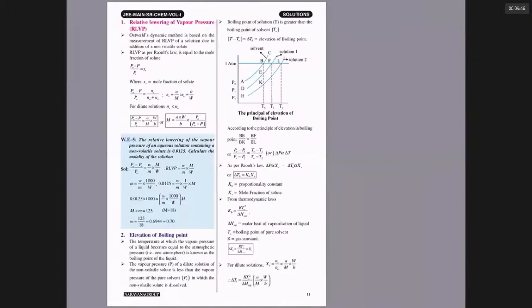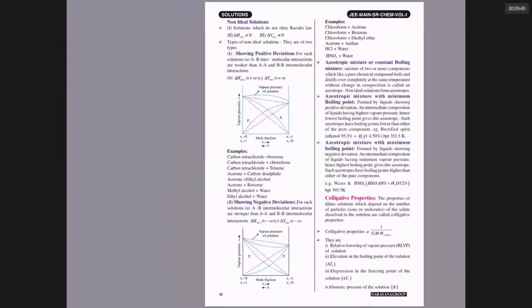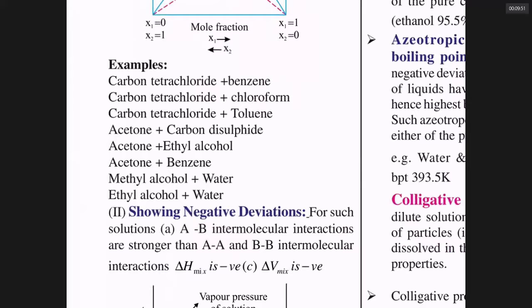Here is the list. Carbon tetrachloride and benzene, carbon tetrachloride and chloroform, carbon tetrachloride and toluene, acetone and carbon disulfide, acetone and ethyl alcohol, acetone and benzene, methyl alcohol and water, ethyl alcohol and water. What do they show, sir?